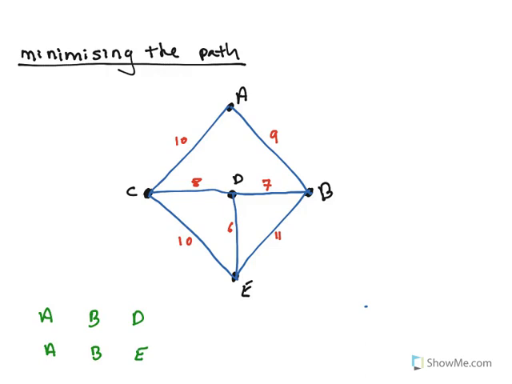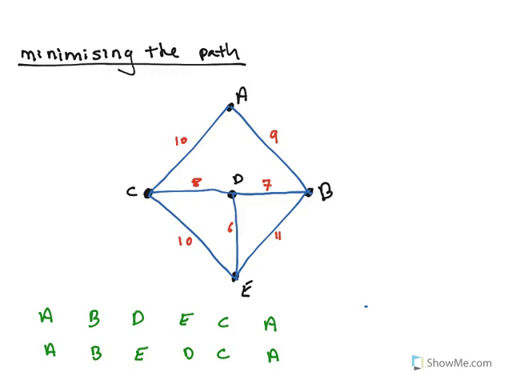If I go A, B, D, the only route I can take is E, C, A. And on the alternative route, if I go A, B, E, the only thing I can do is D, C, A. So that's the only two possible Hamiltonian circuits I can have.